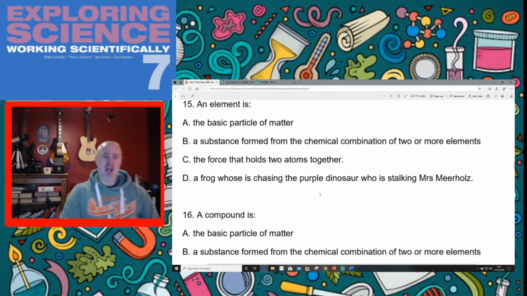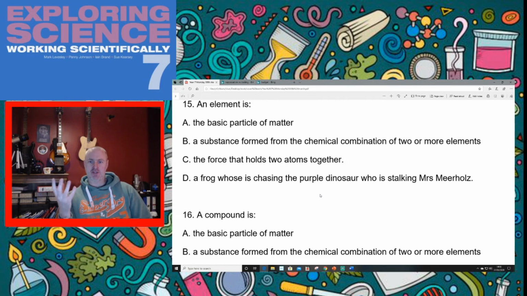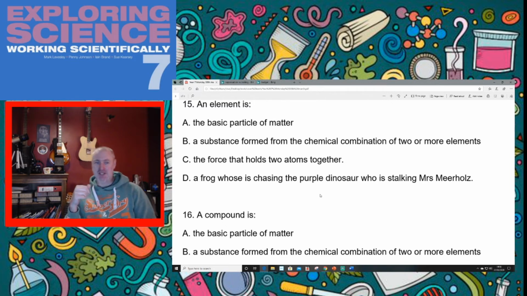Question 15, an element. Now, we had a few definitions for an element, and I said to you that an element was something made of just one type of atom. So let's have a look at the options. A, the basic particle of matter; B, a substance formed from the chemical combination of two or more elements; C, the force that holds two atoms together; or D, a frog. Well, it can't be D, obviously. It can't be C, because that represents bonds.